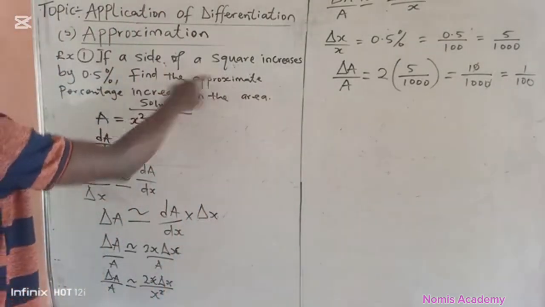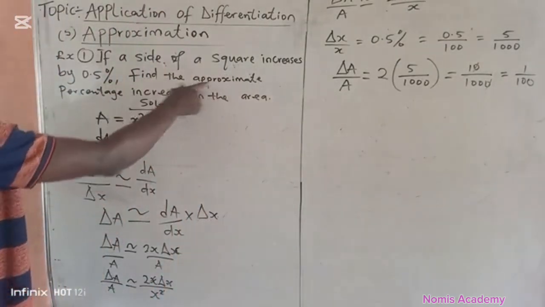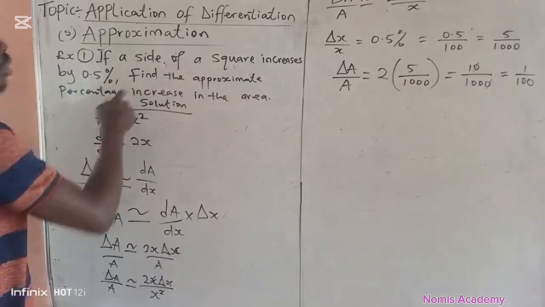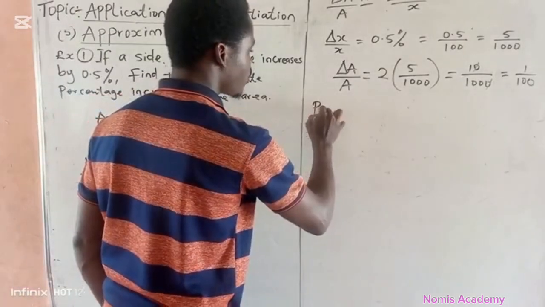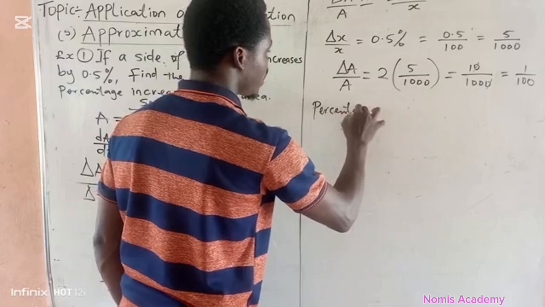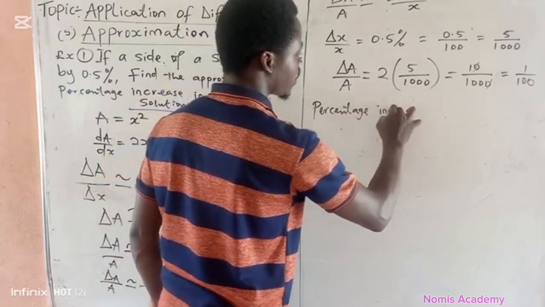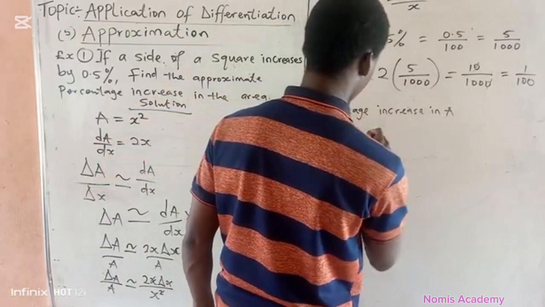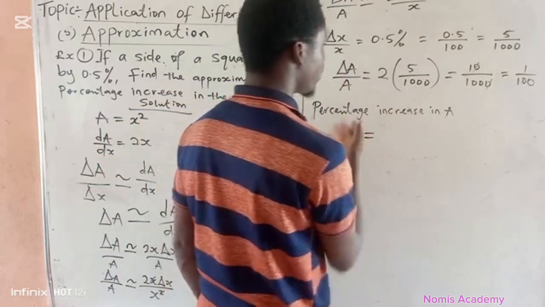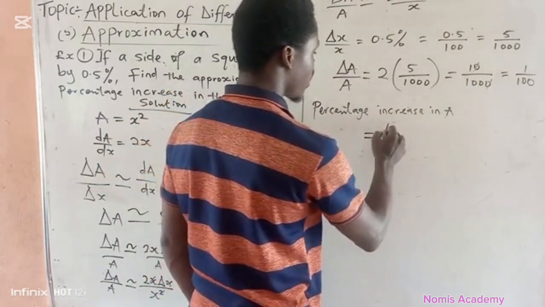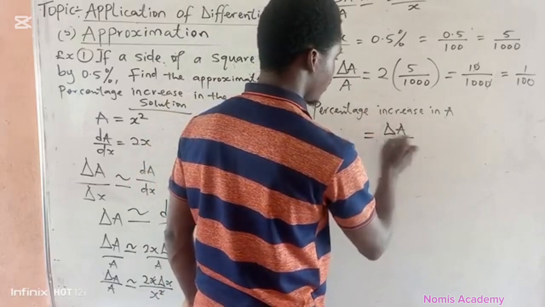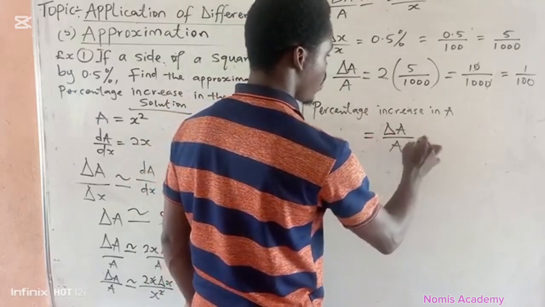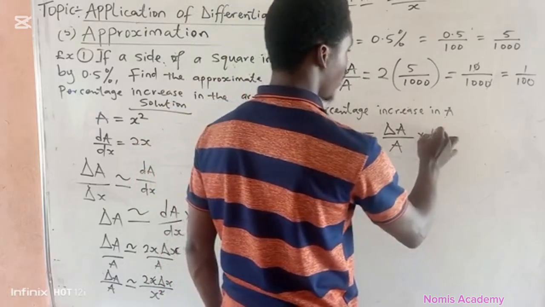Okay, now we go to answer the question: find the approximate percentage increase. The percentage increase in A is given as the relative increment in the area multiplied by 100%.